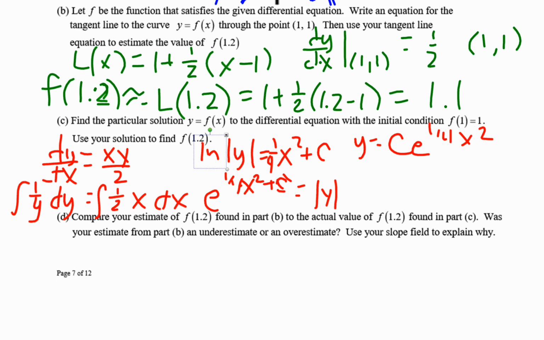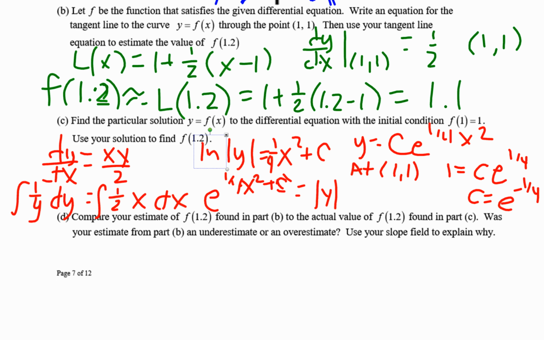There's our general solution. Now we need to find, using our initial condition, at 1, 1. We get 1 equals c e to the 1/4. So c equals e to the negative 1/4.